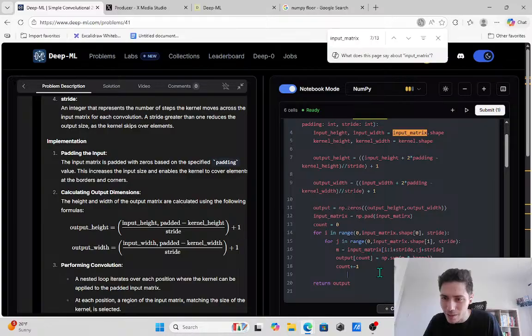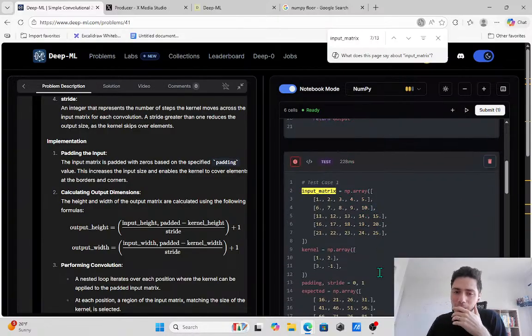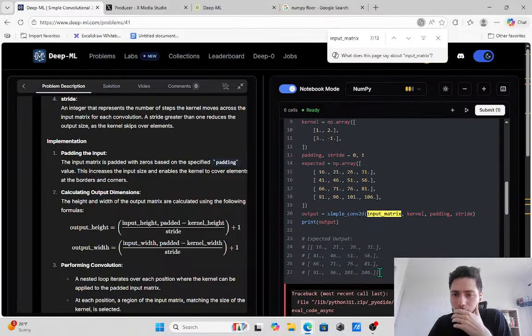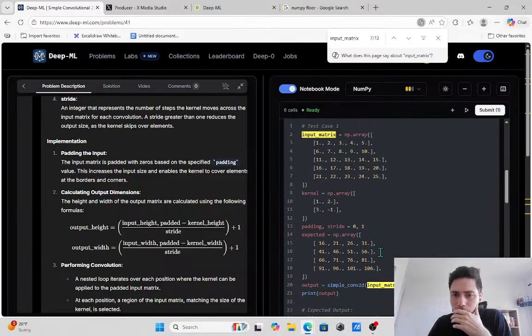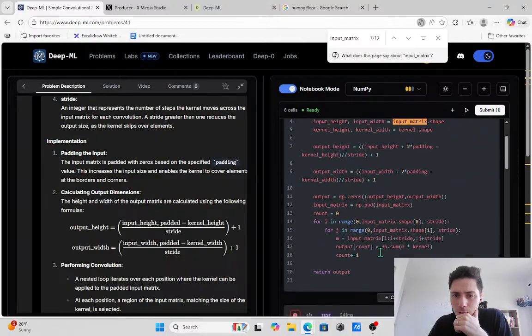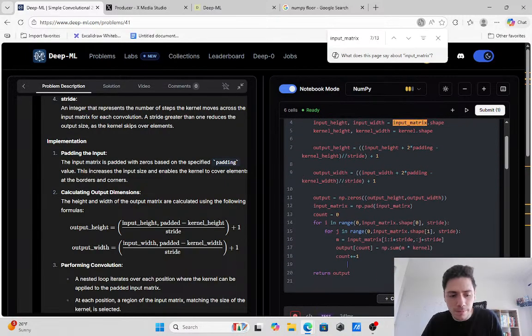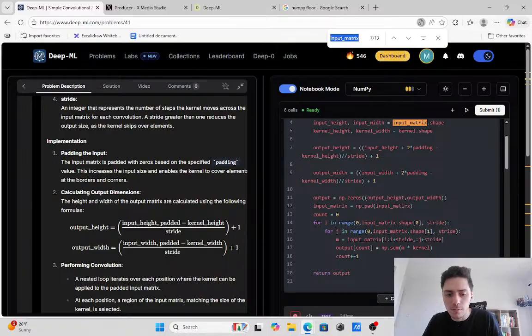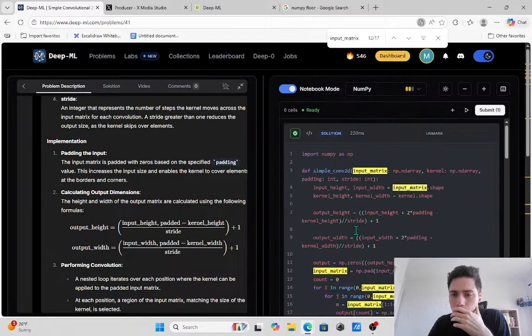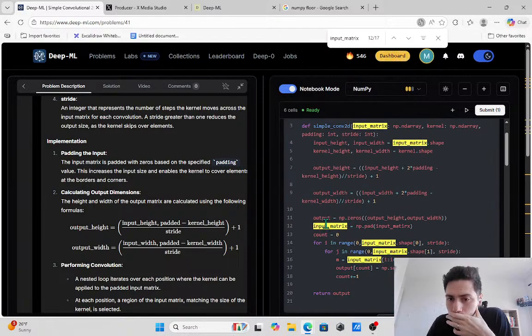I'm just terrible at it. Input matrix, input matrix, input matrix.